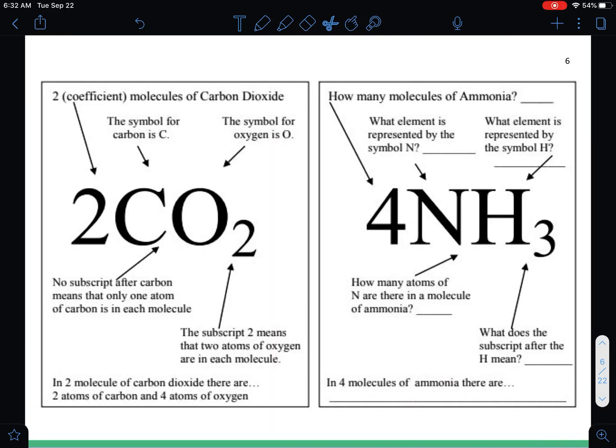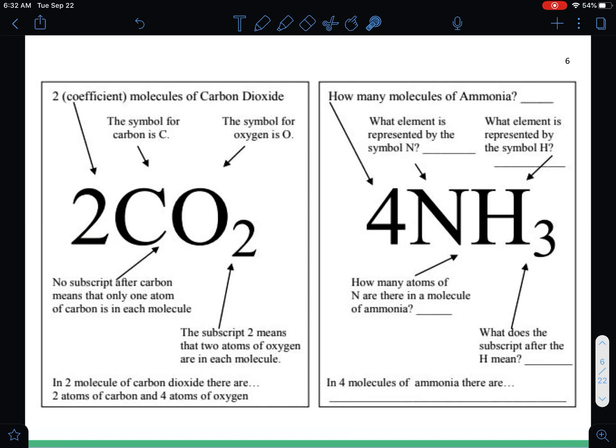All right, so let's start off looking at the 2CO2. So when you have compounds in a chemical reaction, you will need to balance out that chemical reaction so that there are the same number of atoms on either side of the reaction. We'll get into more of that later. But you will need to balance out those atoms by using coefficients like this big 2.